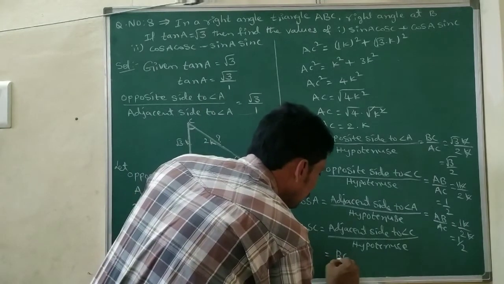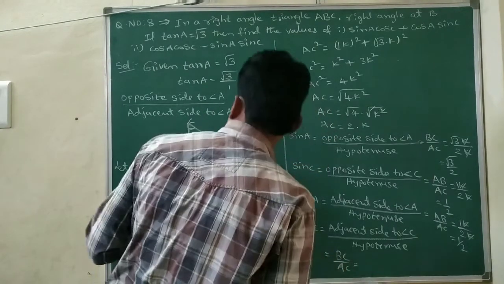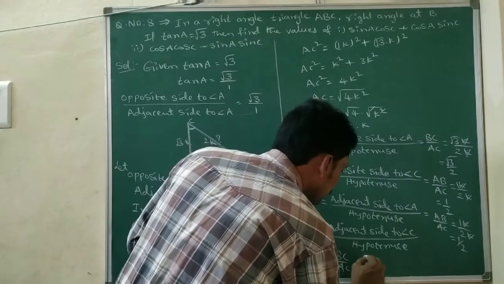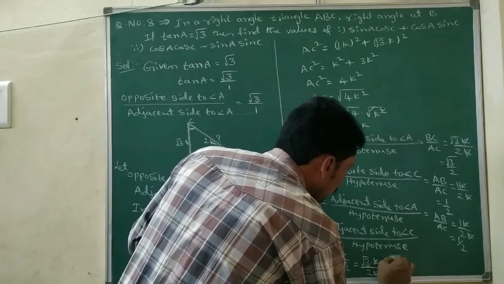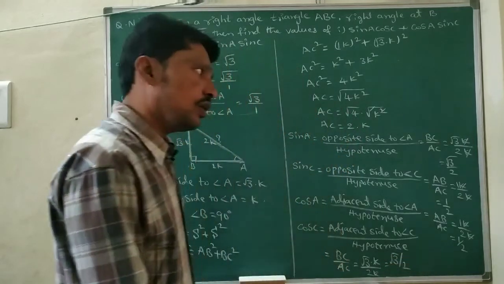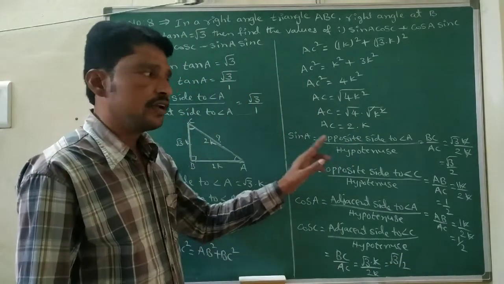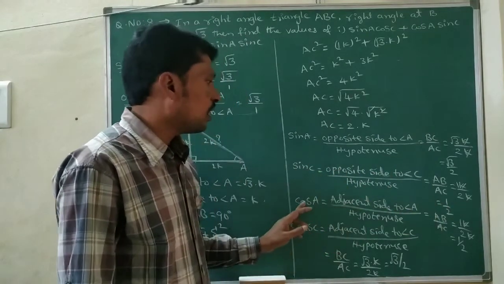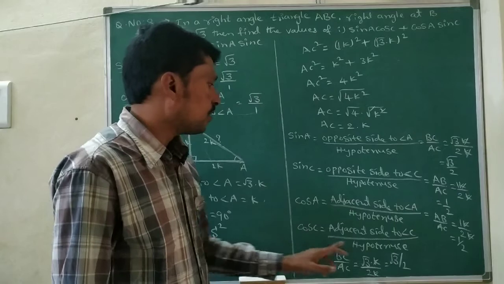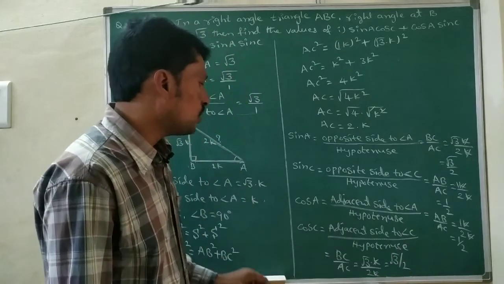So BC by AC. BC value is root 3K and AC value is 2K. K gets cancelled, which equals root 3 by 2. Now we have it here: sin A equals root 3 by 2, sin C equals 1 by 2, cos A equals 1 by 2, and cos C equals root 3 by 2.